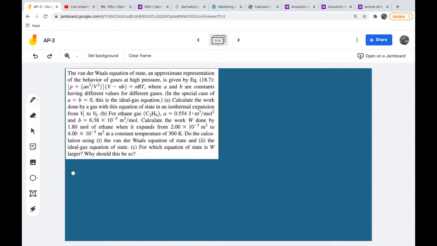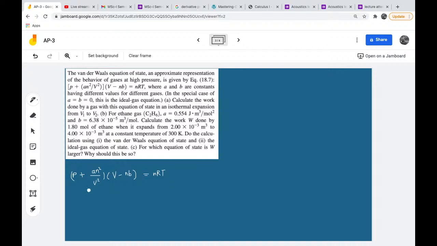It is (P + a n^2/V^2), where V is the volume, times (V - nb), and that is equal to nRT. So that becomes my van der Waals equation of state.